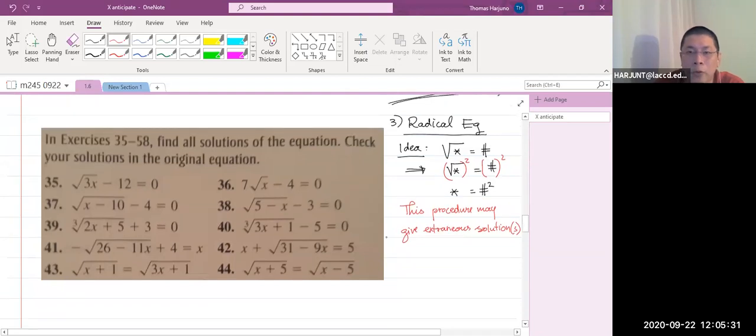So we need to check each proposed solution against the original equation.